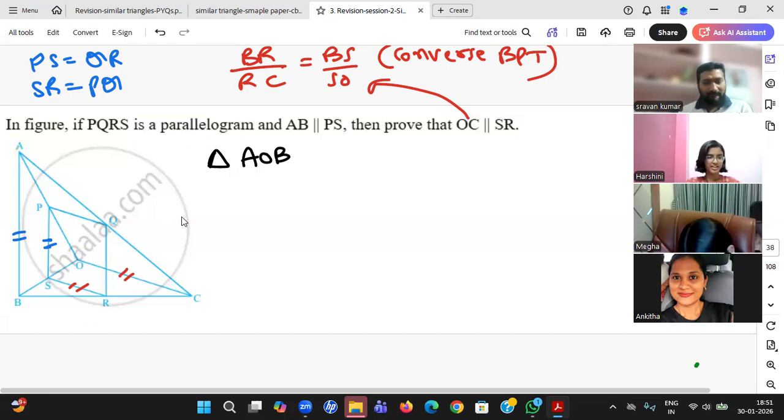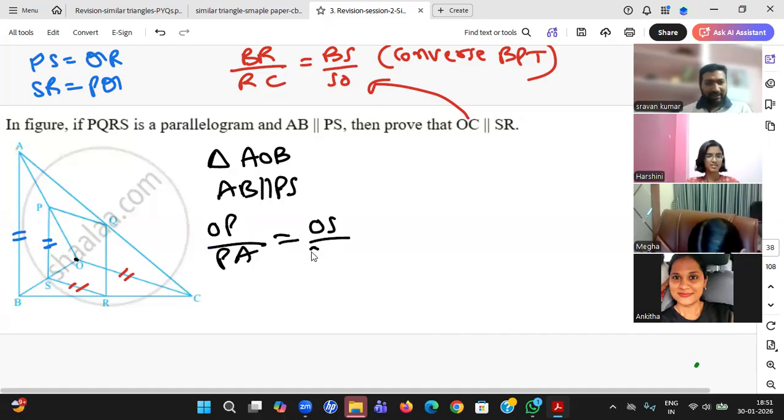First we write AB is parallel to PS. Okay, very good. He has given it, and I have written. Then we can write OP by PA, common vertex, is equal to OS by SB. Very good. Student, you see, BS by SO I want.